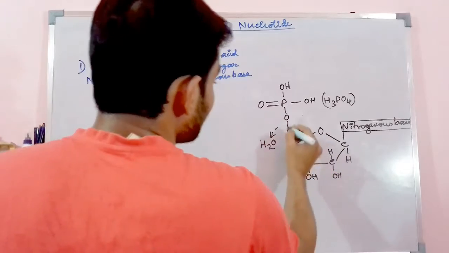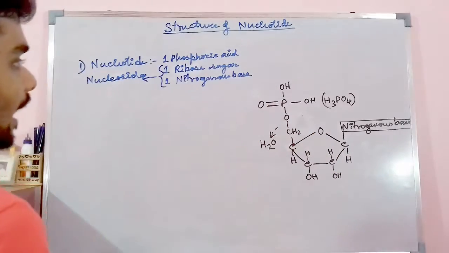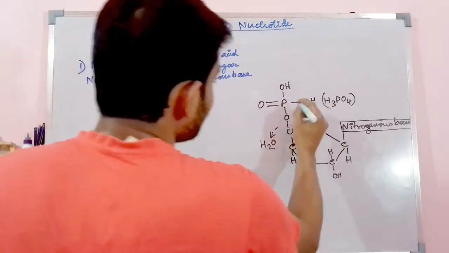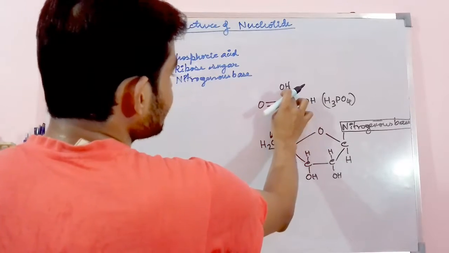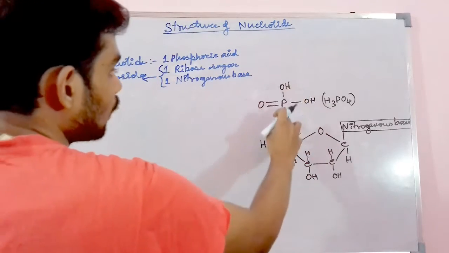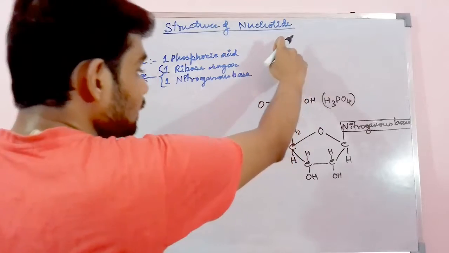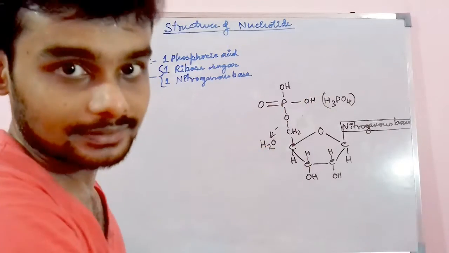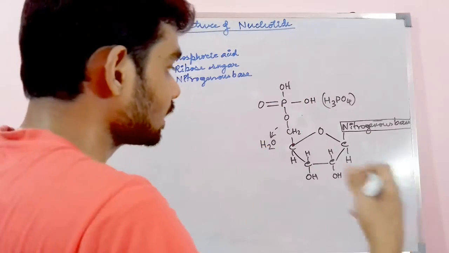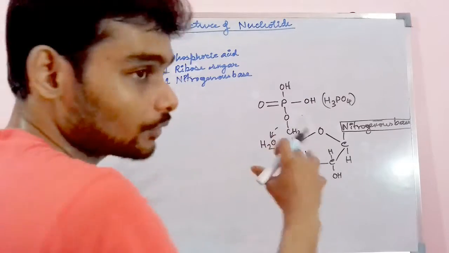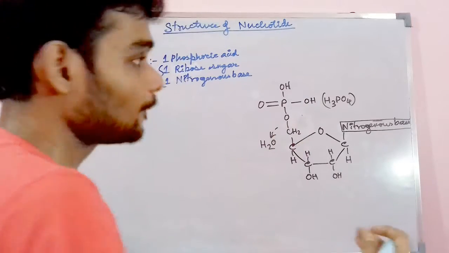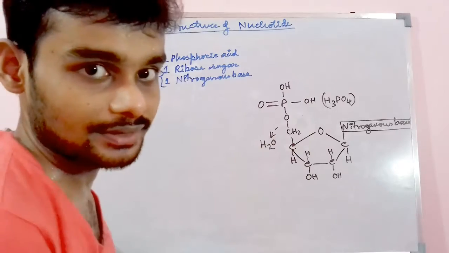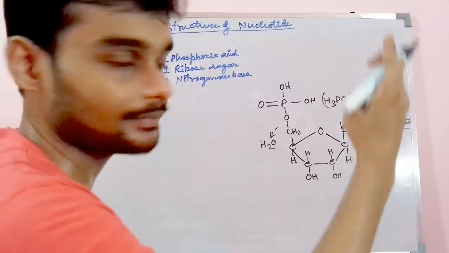And similarly, this OH will form the bond with the proceeding nucleoside, the nucleoside that is present ahead of this phosphate towards the 5' direction.